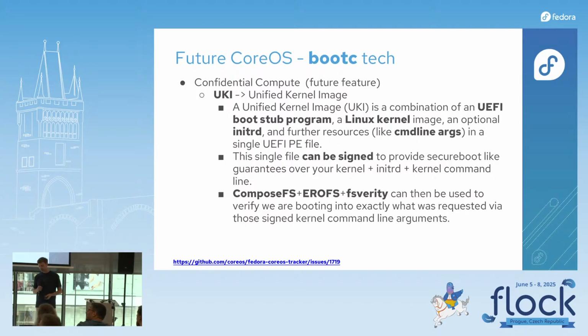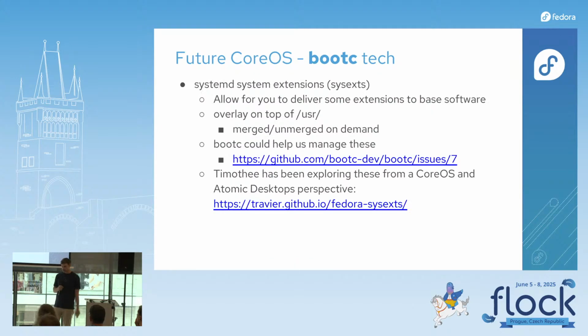But I think the summary of this is that all of this enablement work for these new features that are coming up in the industry is happening in bootc, and we want to take advantage of that. The other one is not necessarily bootc specific, but it's systemd system extensions. They allow for you to deliver some extensions to base software, which is an overlay on top of like the /usr directory.